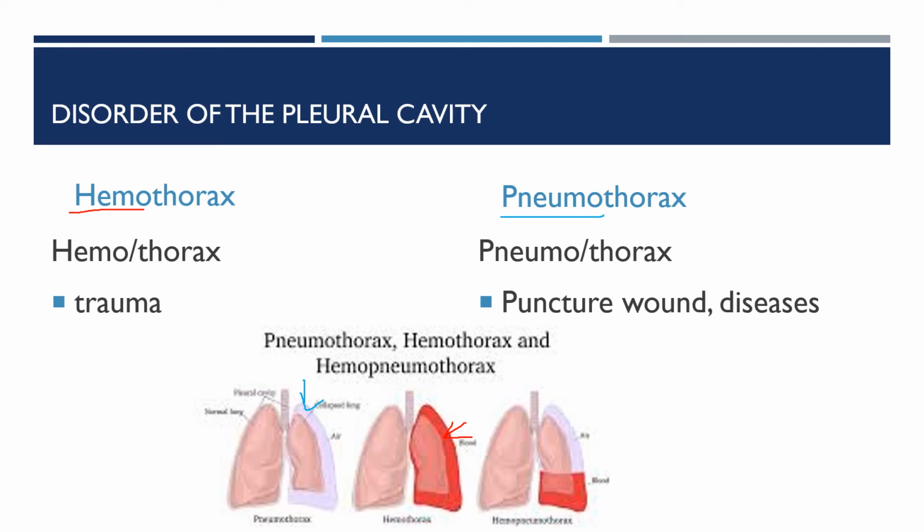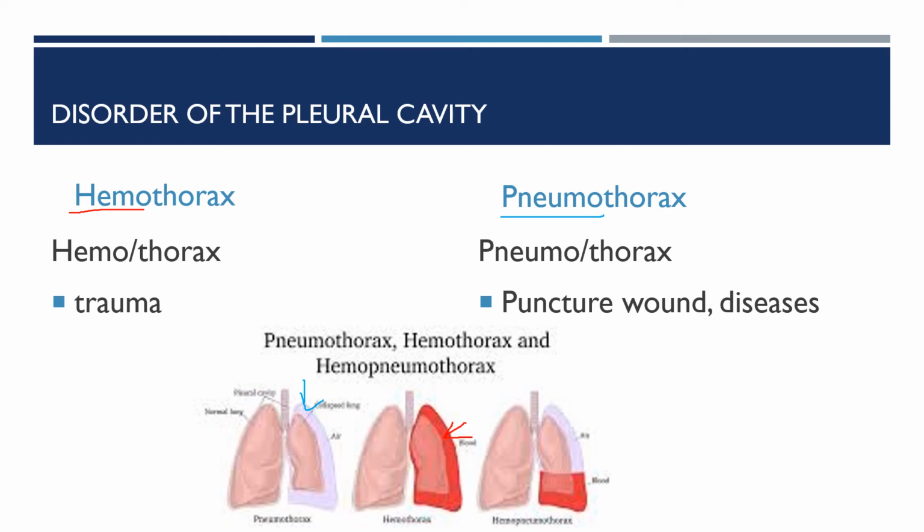It causes pressure on it, and therefore the lung can't expand. Often it can be due to trauma. It also can be due to some diseases, like emphysema is one of them. Sometimes this can even just be spontaneous. Like people have disorders that cause spontaneous pneumothorax. They just happen from nowhere.